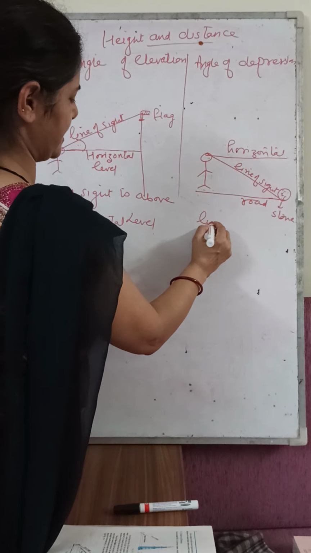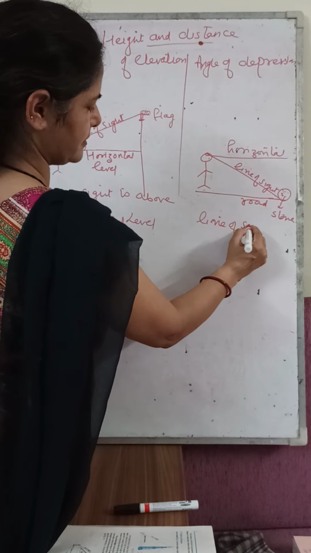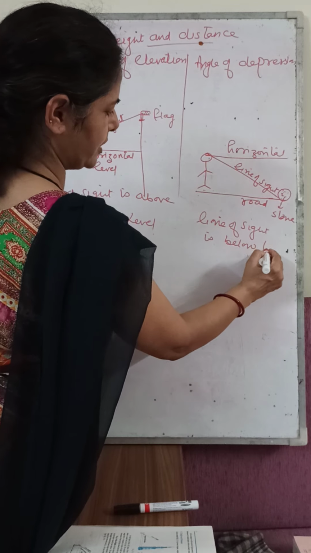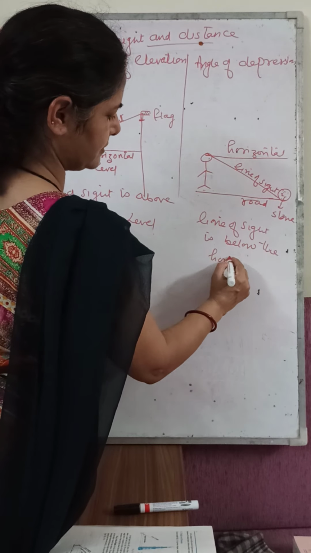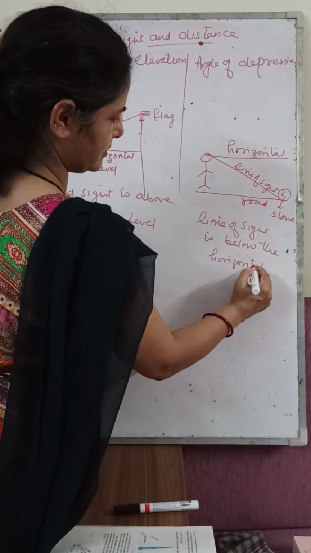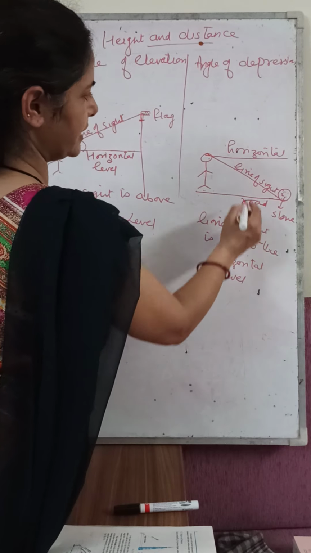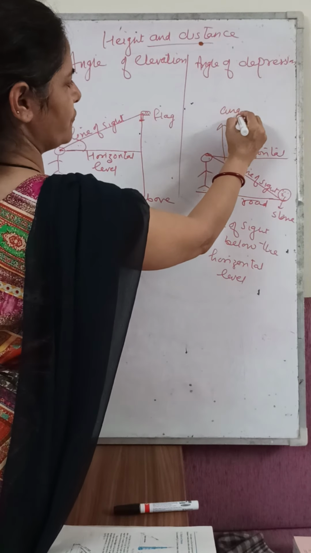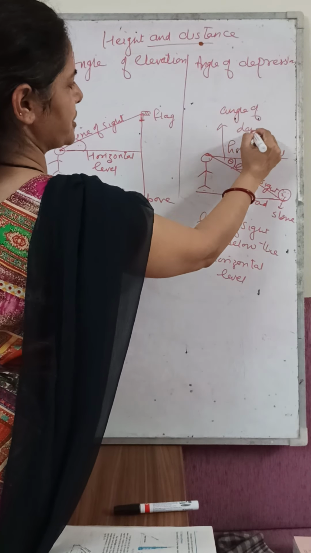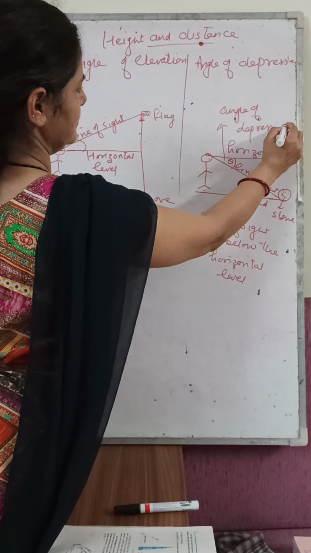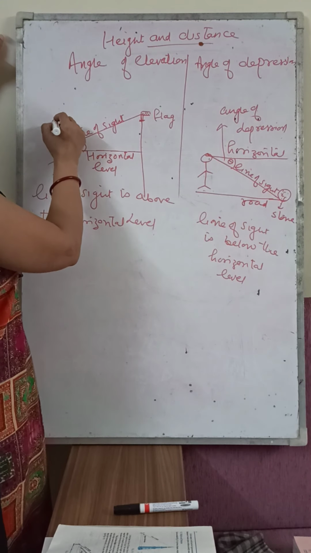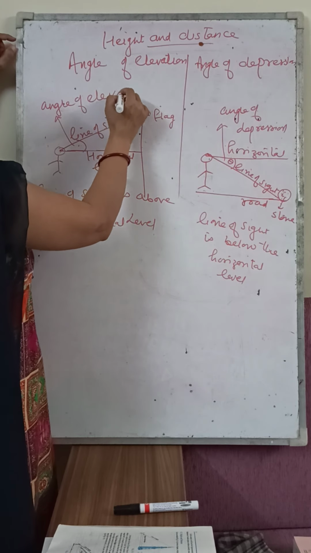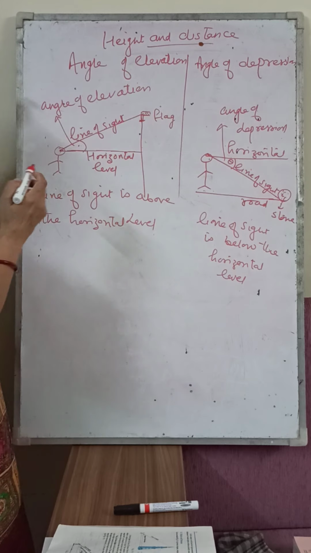Now when the line of sight is below the horizontal level, then the angle formed is called the angle of depression, and above this is called the angle of elevation.